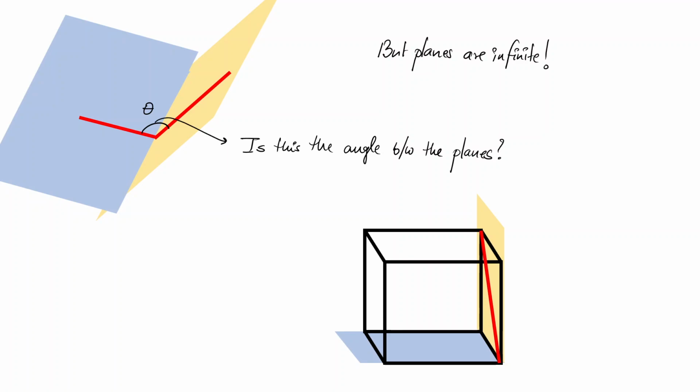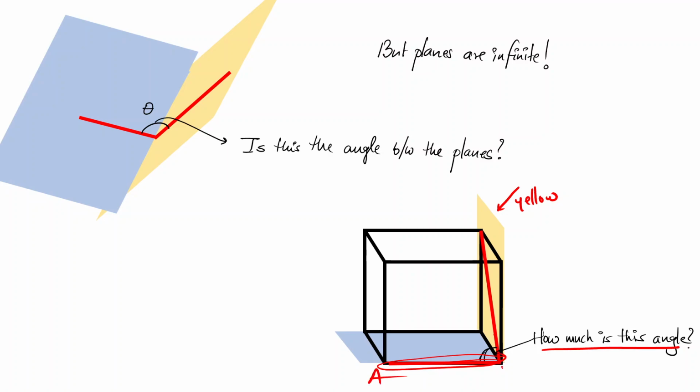For example, this face diagonal and this edge. How about this? How much is this angle? Is it still 90 degrees? Well, look at this yellow plane, and look at this edge. You can feel very simply that this line, let's say this is AB, AB is along the normal of the plane.